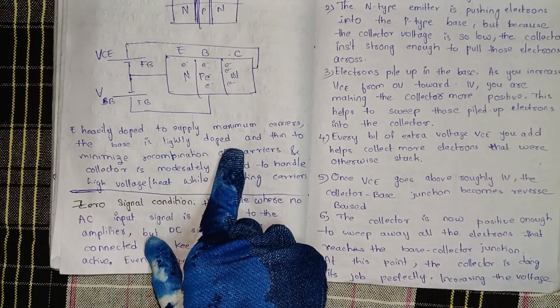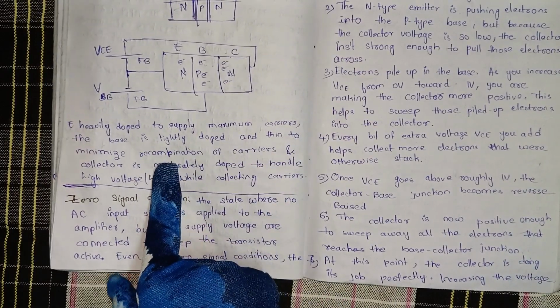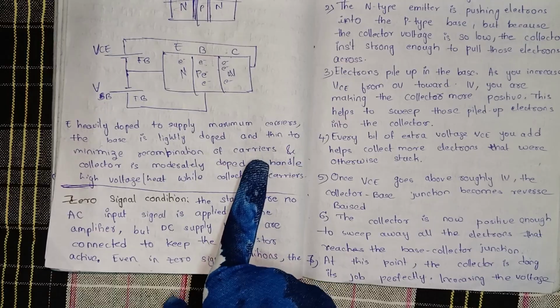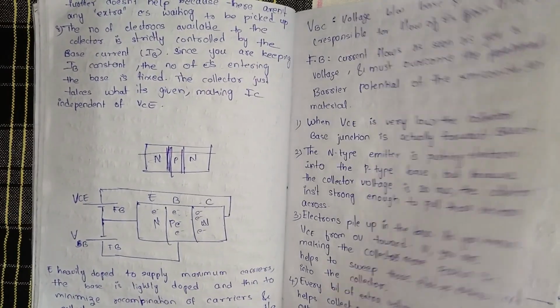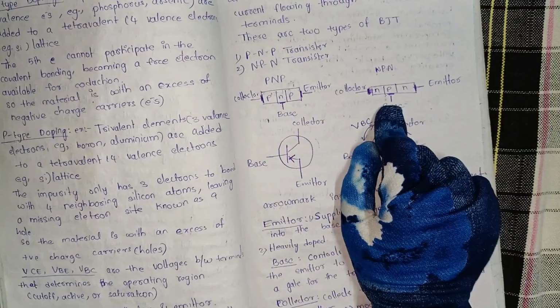Okay, then the base is lightly doped and thin to minimize recombination of carriers. In the NPN transistor, the base is of p type.